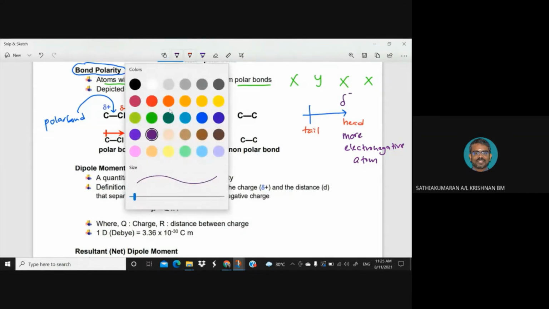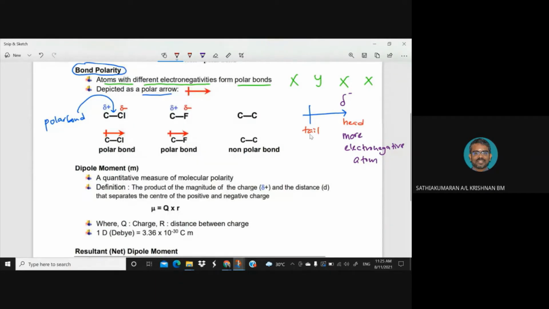The tail should be at the less electronegative atom, which we label as delta positive or dipole positive.